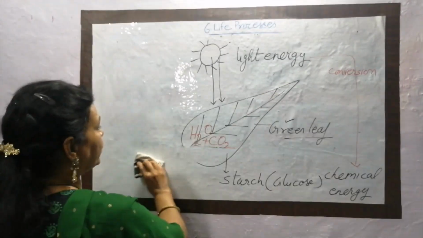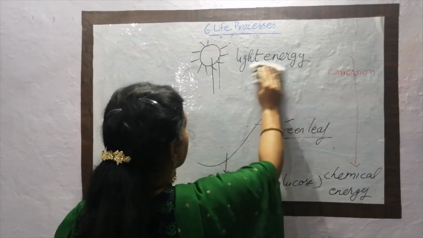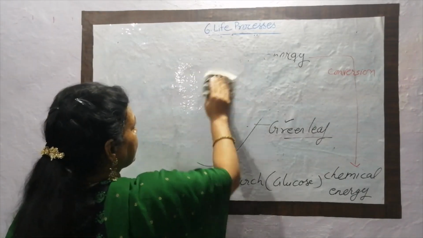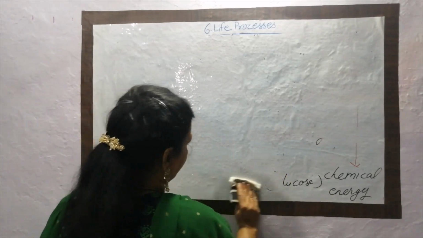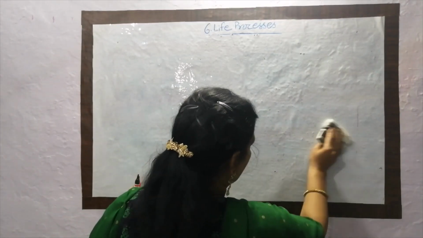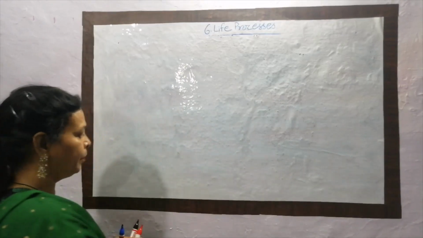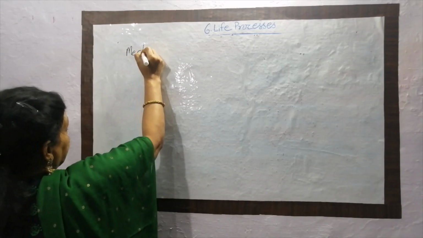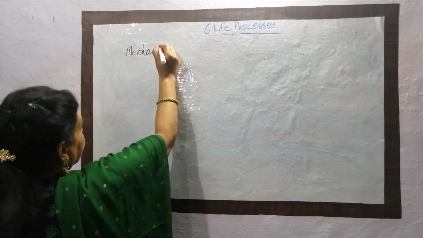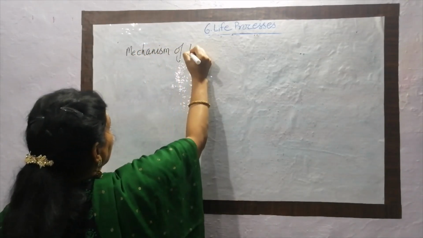So let's move towards the mechanism of photosynthesis. How does the leaf perform this inside? The leaf is the place where photosynthesis is going on. We will look at its structure a little later. Before that, we have to complete the mechanism of photosynthesis.